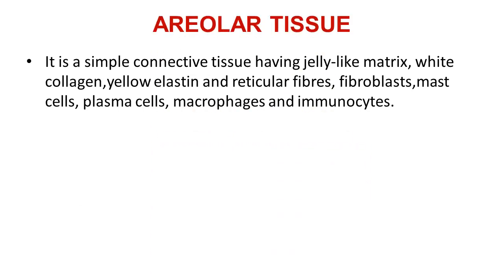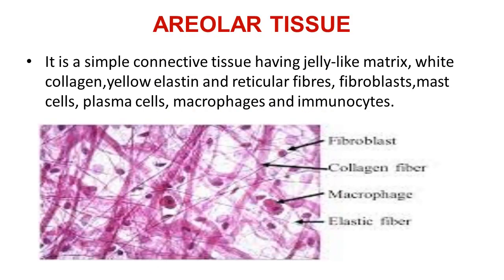Now let us come to the first important tissue, which is known as areolar tissue. You can look at the image of the areolar tissue here. Areolar tissue is considered a simple connective tissue because it contains a jelly-like matrix which contains fibers as well as cells. I have given here certain names of the cells and the fibers. The fibers include white collagen fibers, yellow elastin fibers, and reticular fibers.